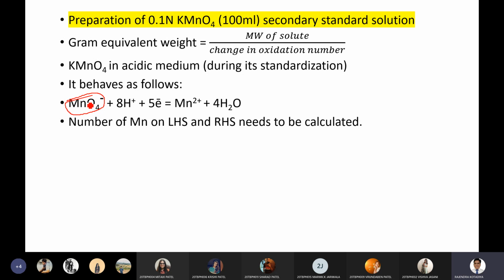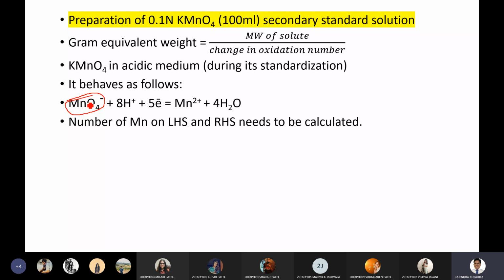So what is the net charge? It is -1. That is visible here, right? If you consider MnO4 as a molecule, then it is showing a -1 charge, the net charge of MnO4.